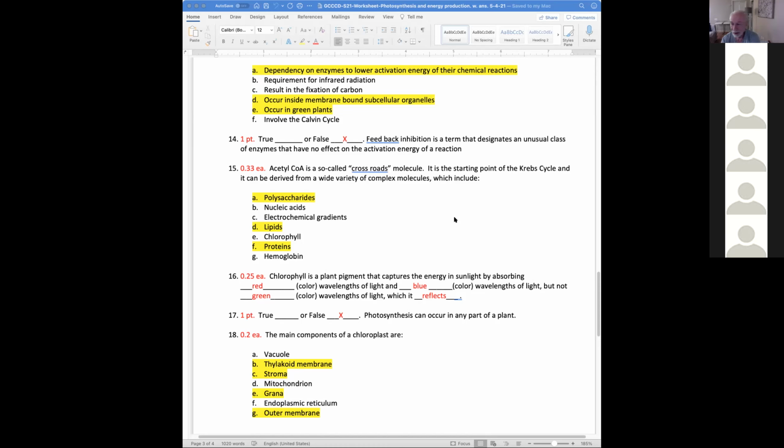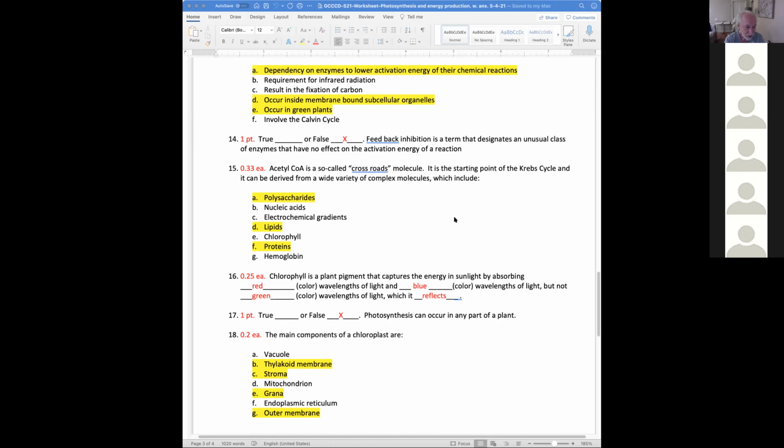Because teacher, it says complex molecules. Yeah. Well, nucleic acids are a complex molecule. If you didn't put nucleic acids, that's fine, because nucleic acids are such a small component of the food that we eat. It's mainly composed of polysaccharides, lipids, and proteins.